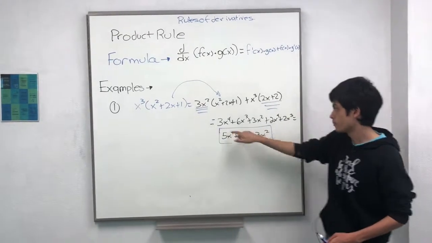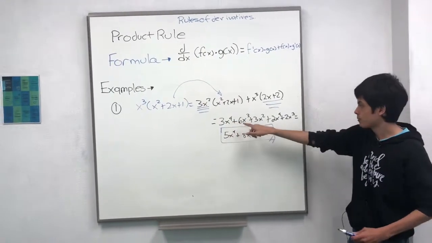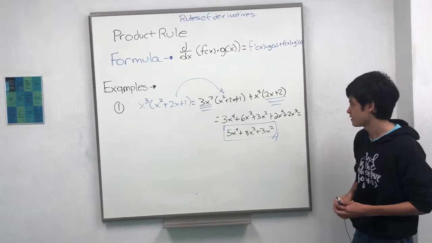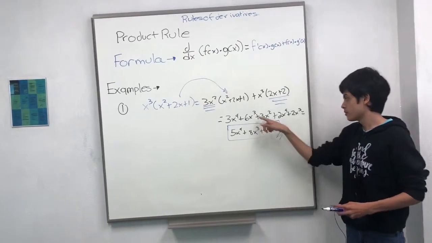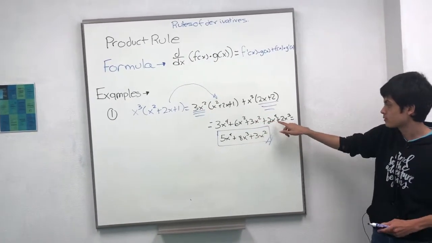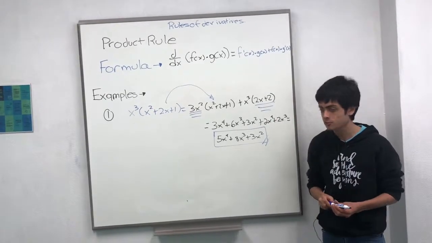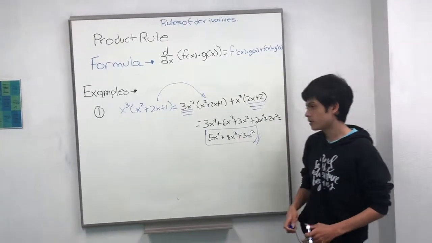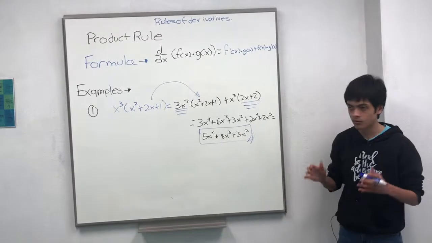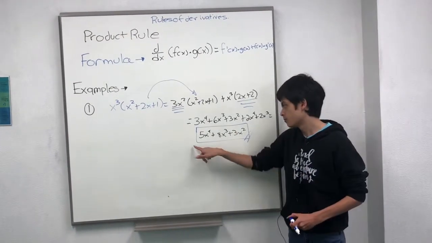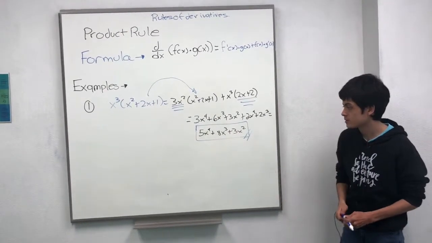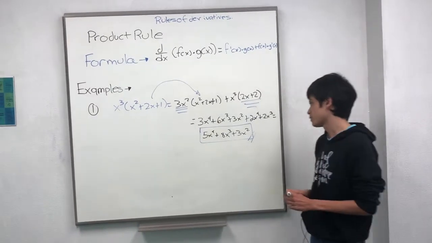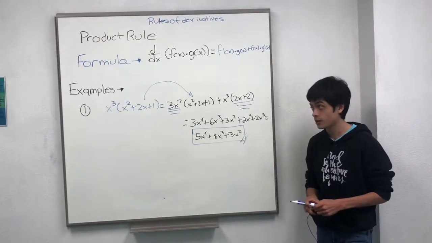When we solve, we get 3x^4 plus 6x^3 plus 3x^2 plus 2x^4 plus 2x^3. And if we want to express it in a more simplified way, we get this result, which is 5x^4 plus 8x^3 plus 3x^2.